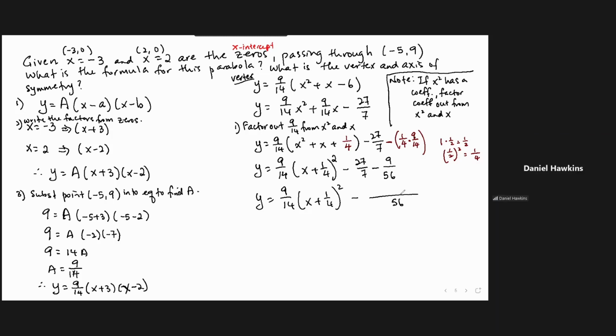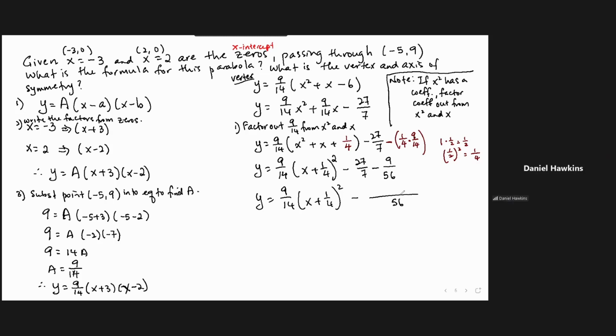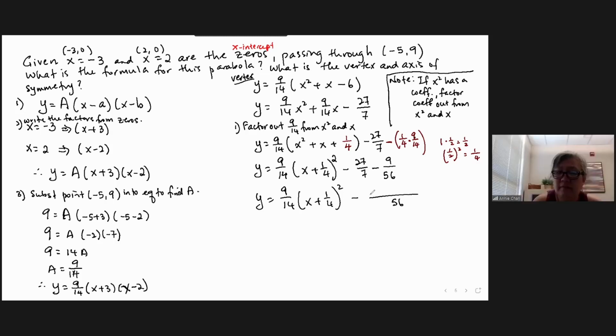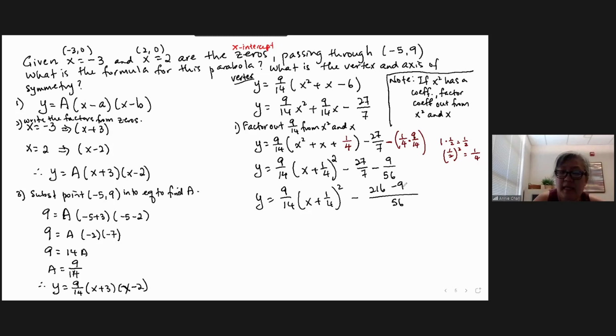Let me make sure. Yeah, I checked it on the calculator. It's 8. 8 times 27 is 216. 216 minus 9 is 225, over 56. Wonderful. Thank you, Daniel.